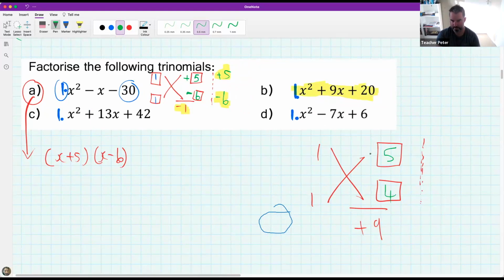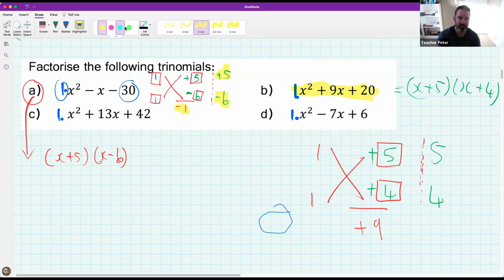And then this will become a plus and a plus. So it's a 4 and a 5. And that gives me my 9. And so the answer will be x plus 5, x plus 4.